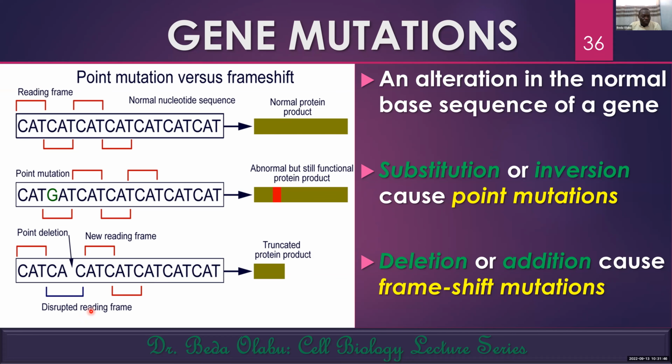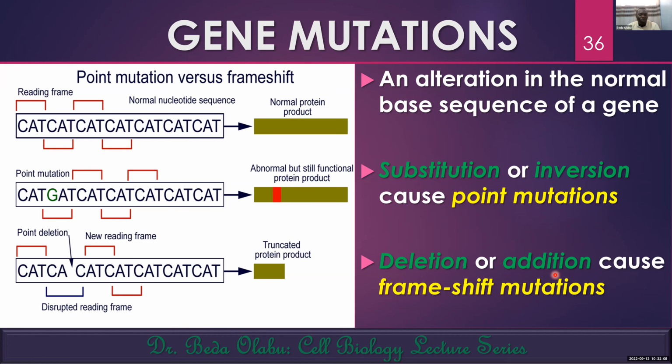That will also happen if there was an addition. If you add something perhaps here, you will change the reading frame completely. So deletion and addition mechanisms lead to frameshift mutations. Frameshift mutations change the product completely.